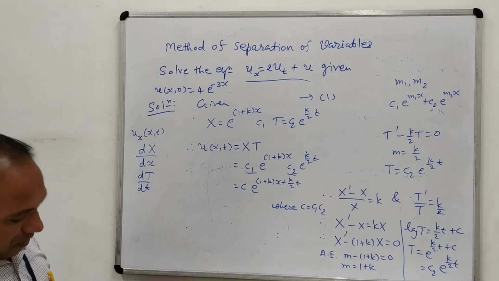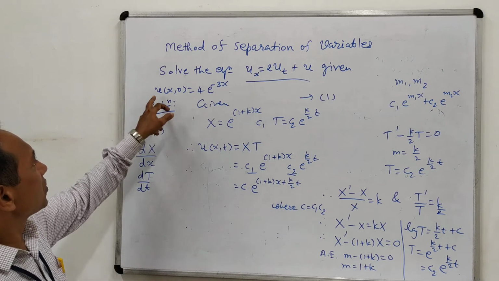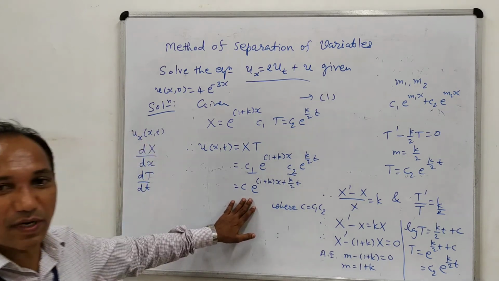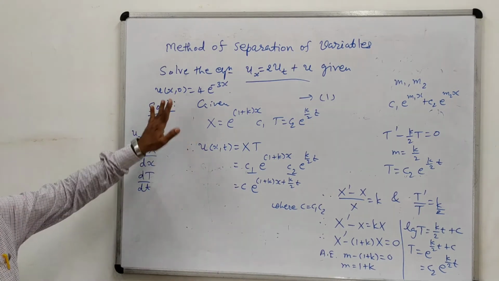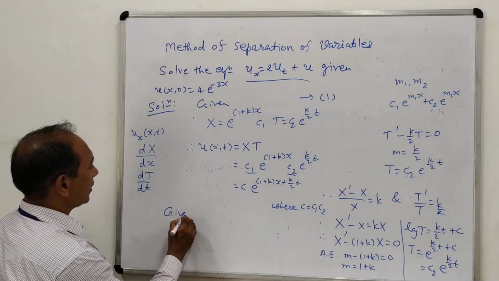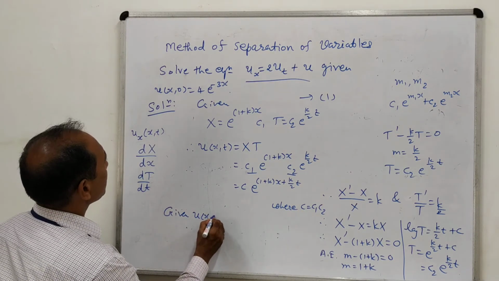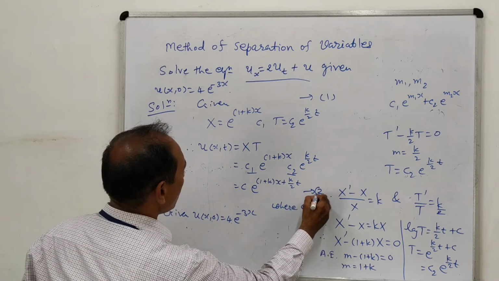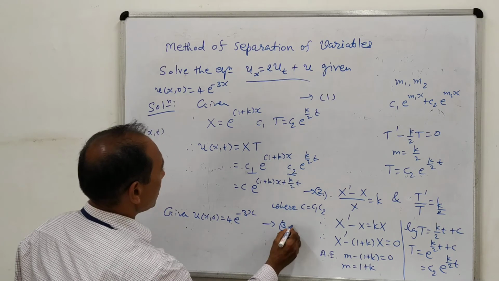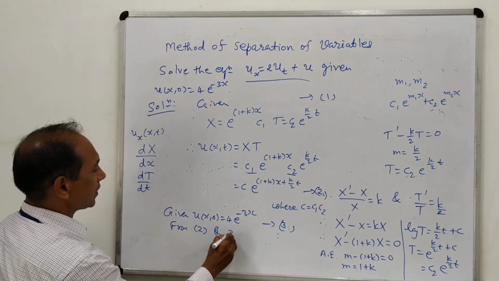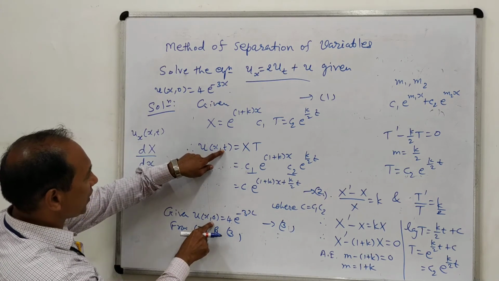Now we will make use of the given condition. If the condition is not given, then you can stop here. If it is given, then you may proceed further. So here given that ux comma 0 equal to 4 e raised to minus 3x. Give it equation number 2 and this is equation number 3. So now from equations 2 and 3, in this solution we will put t equal to 0.